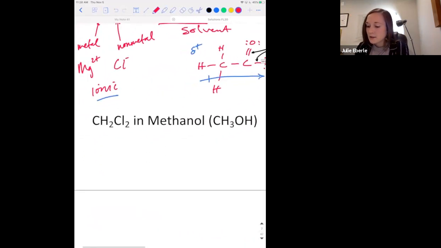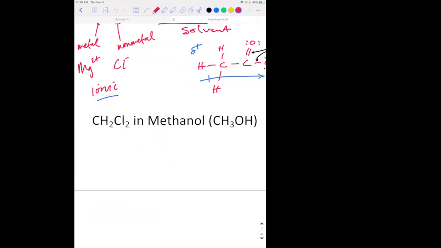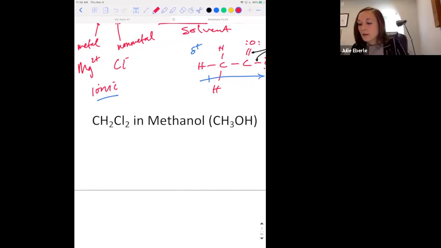All right, now let's look at CH2Cl2 in methanol. So what do y'all think about this? CH2Cl2 in methanol.